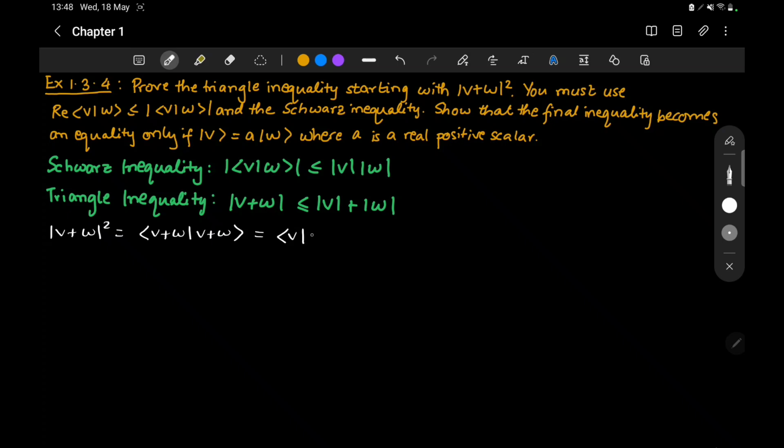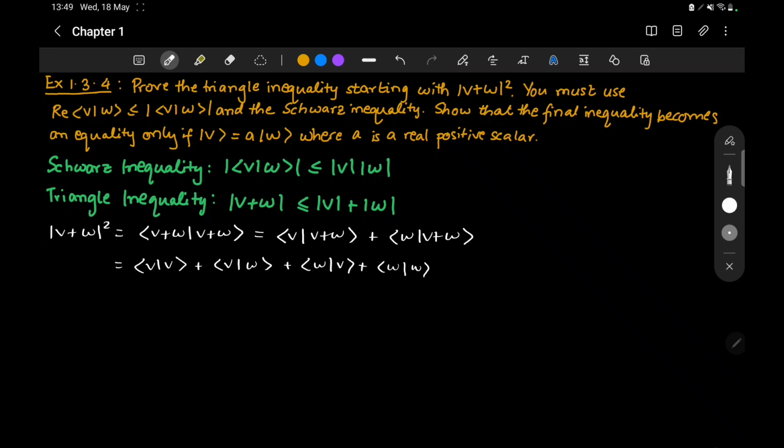So this is basically this plus this, and further we can open it up as follows. So we have just expanded this mod squared of v plus w in such a format. This comes from the definition of inner product, how inner product works.